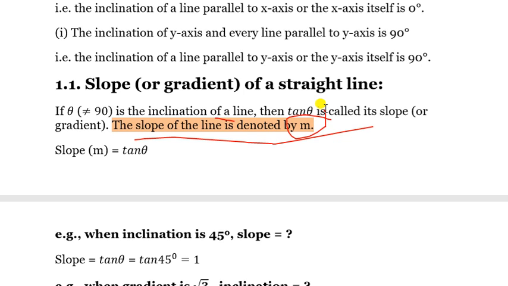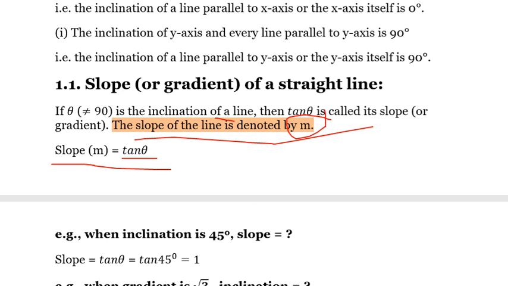Remember that tan theta is called the slope or gradient of the given straight line. That's why slope is denoted by m, and slope is equal to tan theta, where theta is the inclination or angle of inclination.